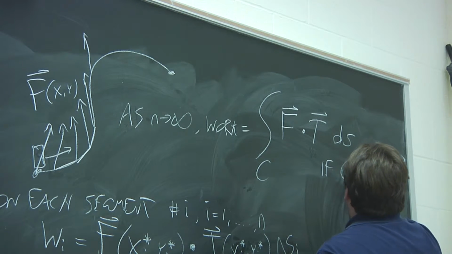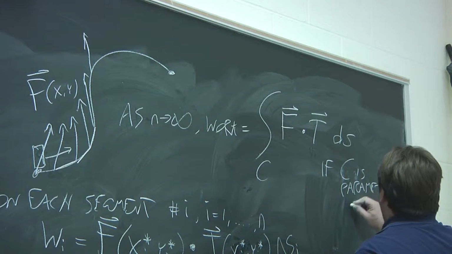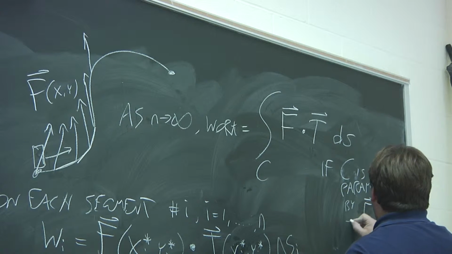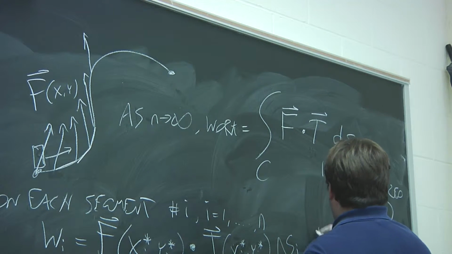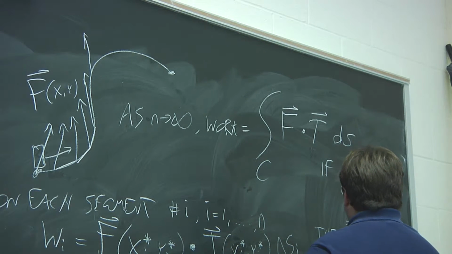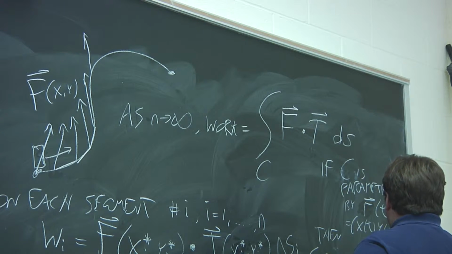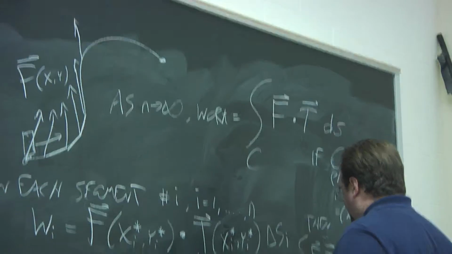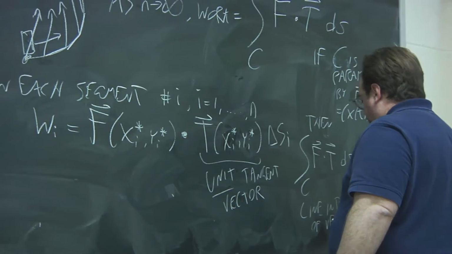And if C is parameterized by a function r of t, a vector valued function of t, which gives you x of t, y of t, then this integral, F dot T ds, is also written this way, the integral over C of F dot dr. So this is also a line integral of a vector field.